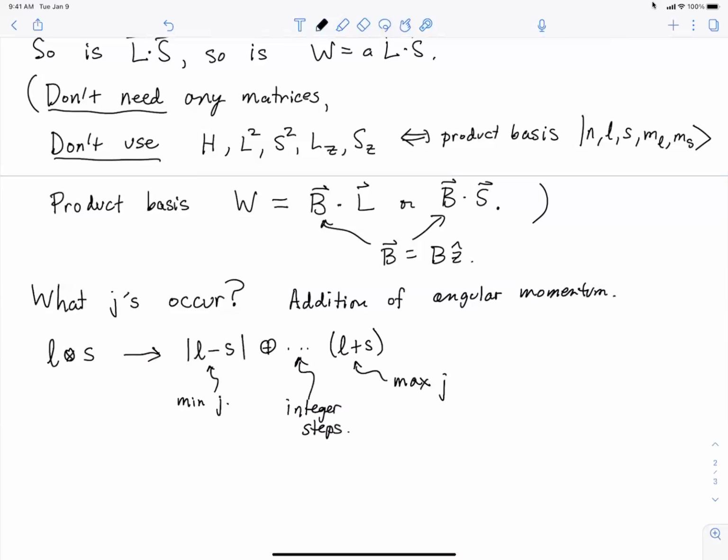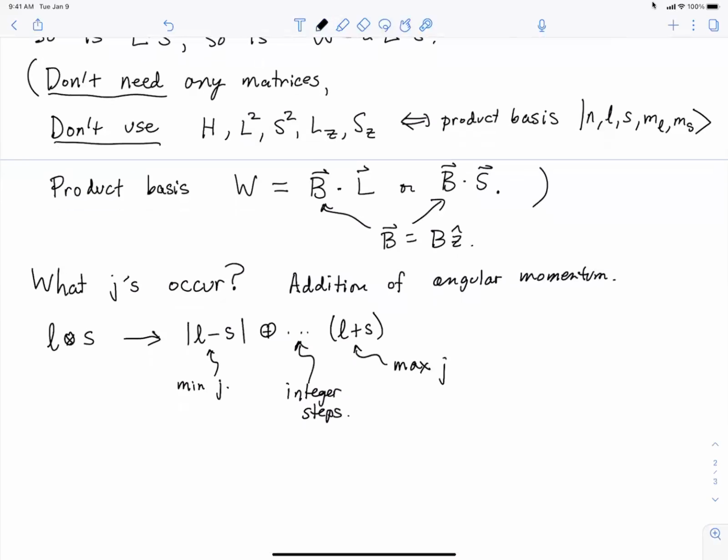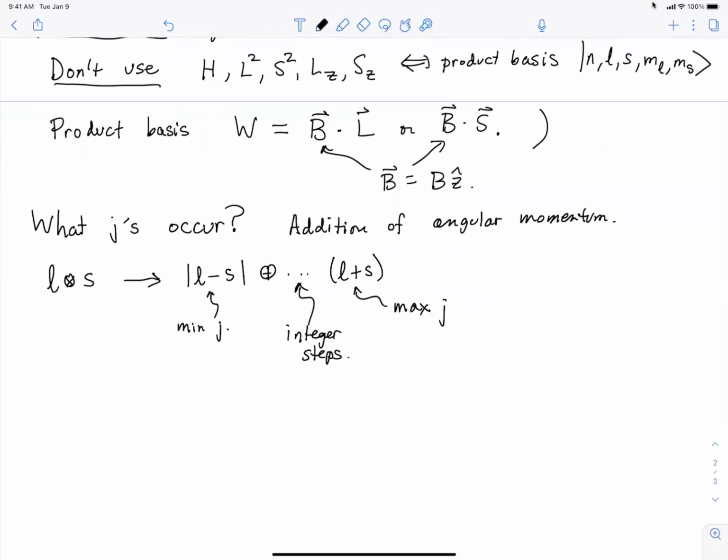That's true for any addition of angular momentum. That's always how you construct the total of two angular momenta, which we'll be using several times going forward in the course, including on the next homework set, where I'm going to have you add together the angular momenta for 3 electrons.